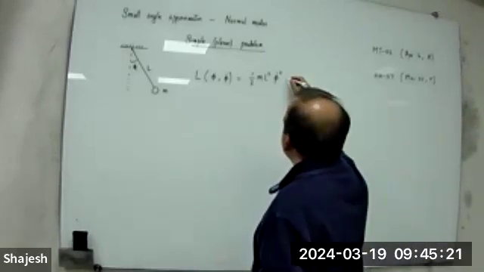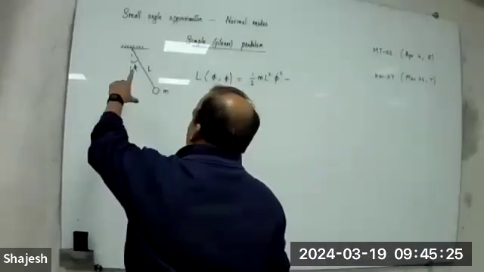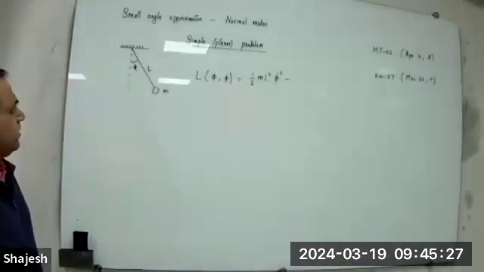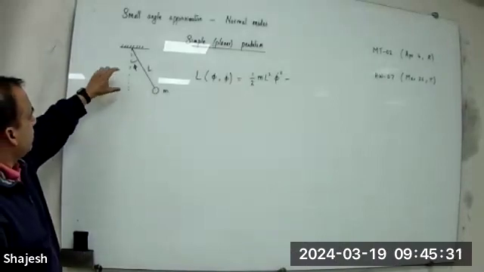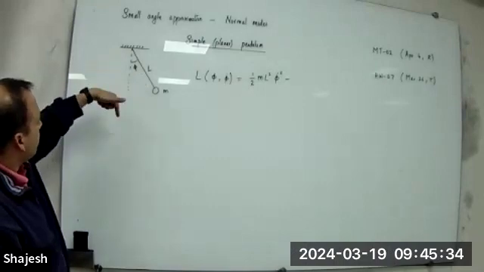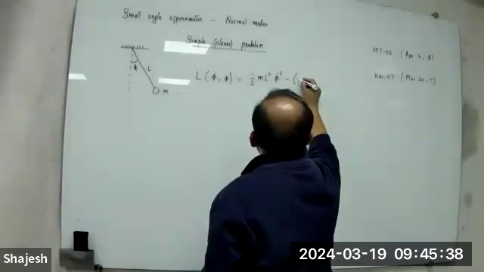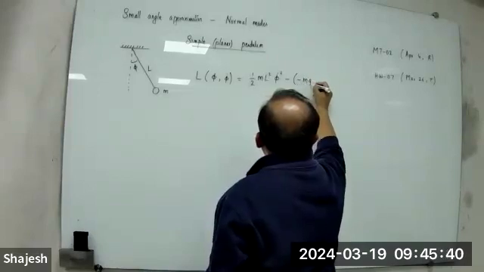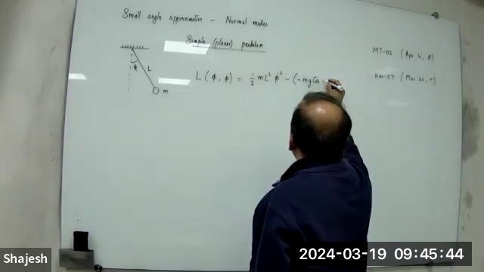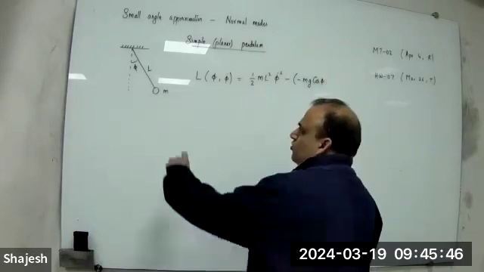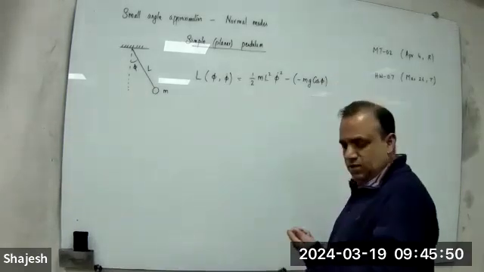Potential energy is usually mgz, and here, since it is in the reverse direction, it comes out to be minus mgL cosine phi. You could say that this is the height h, but I think we talked about it last time.